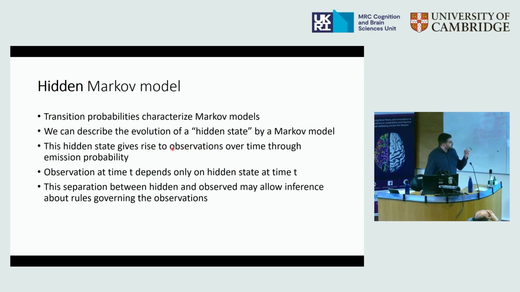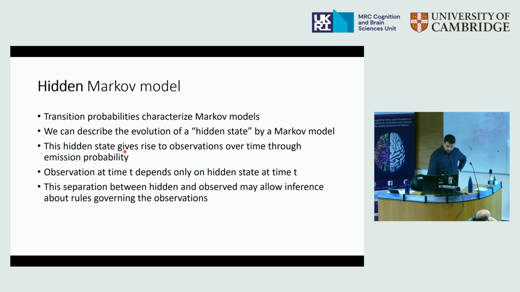And then we can say that this hidden state gives rise to observations, which we can see and do have access to, through this emission probability. And crucially, we're going to assume that the observation at time t depends only on the hidden state at time t. So this gets us back to the idea that we want our model to take things that we have access to and infer things that we don't have access to.